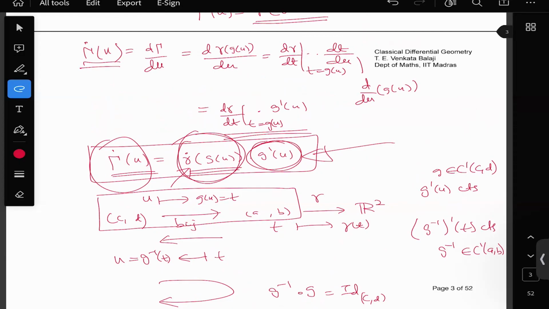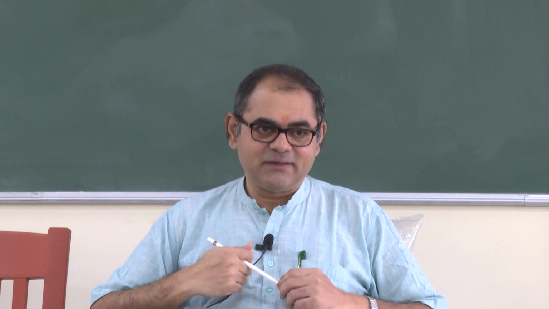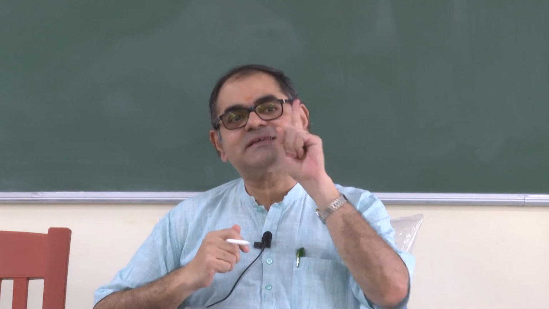When I reparameterize it to capital gamma, the speed is now capital gamma dot, which is this small gamma dot scaled by this g dash u. So this scaling allows you to tinker with the speed. So the question now is, can you tinker with the g in a nice way so that your capital gamma dot has length 1?